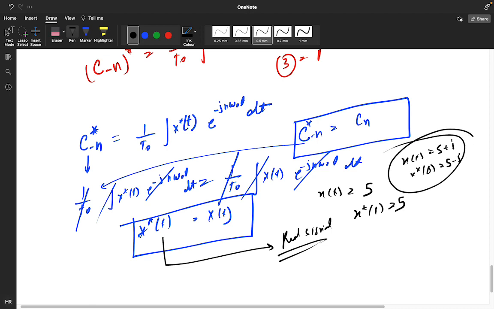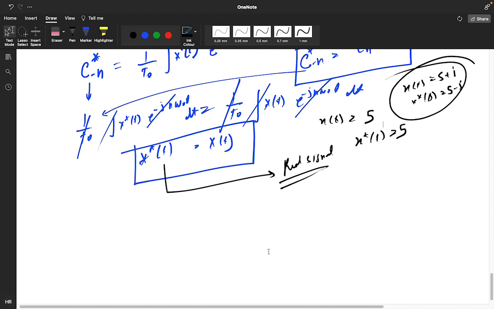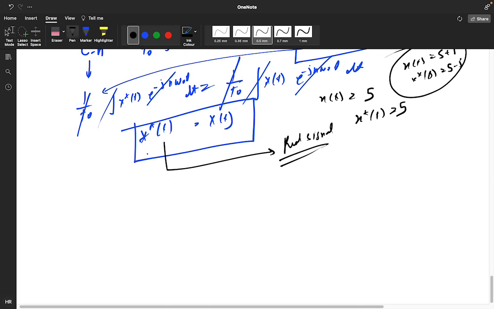So this is only possible in a real signal, meaning if you have a real signal, c of n will be equal to c of minus n conjugate. So for a real signal, exponential Fourier series coefficients will be conjugate symmetric. Write it down.